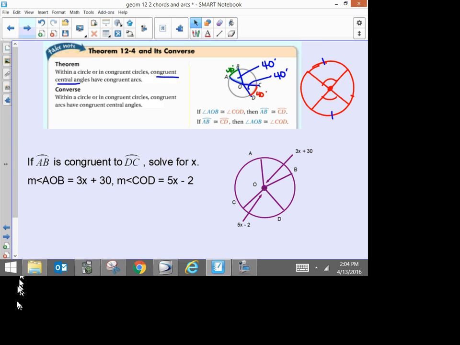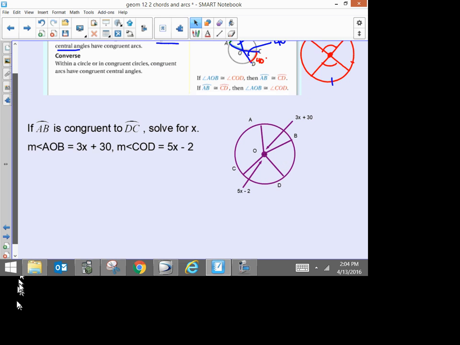Let's try an example here. Arc AB is congruent to arc DC. Somehow you need to mark that. Let's see, C, I'm assuming, is right here. So this is congruent to this. Now, they aren't really vertical angles.